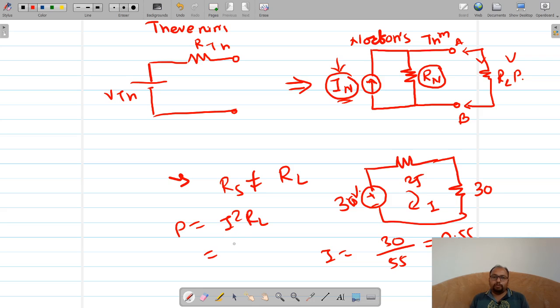So I is 0.55, square, into 30, right? 0.55 square into 30 is coming as 9.075. Okay, let me check it once again. Is there any mistake?